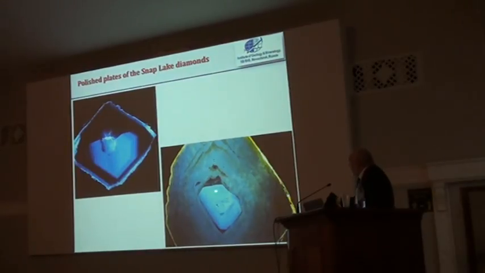Another feature of these deep-seated diamonds, you see, is interesting. They have inside some fragments of diamonds, other diamonds. You see, it's a fragment. You see, it was a broken octahedral diamond, and here as well.